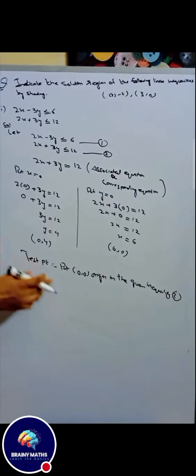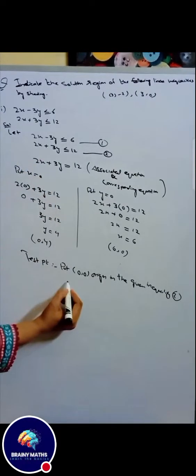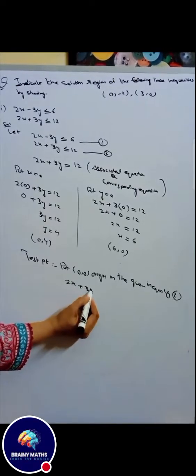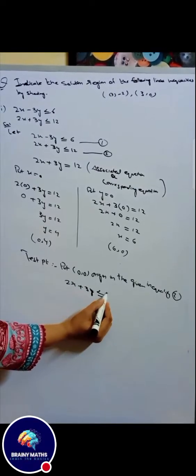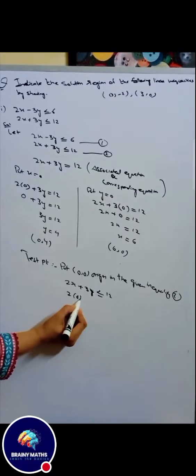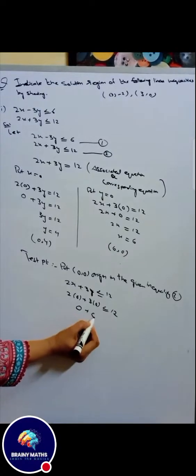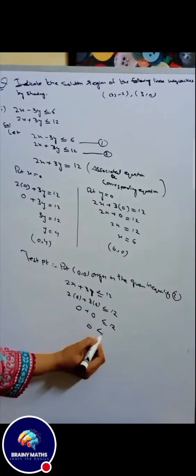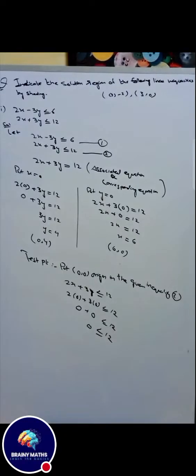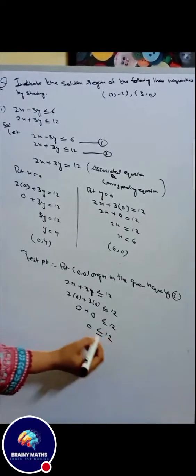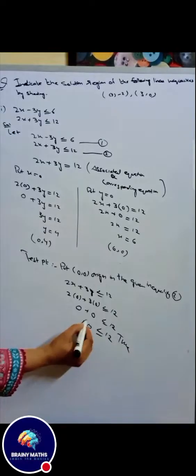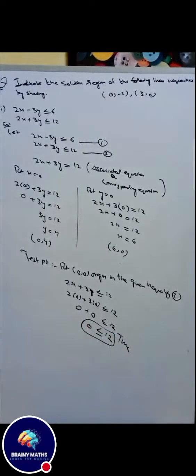Now, what is the inequality? 2x plus 3y less than or equal to 12. 2 times 0 plus 3 times 0 is 0 plus 0 less than or equal to 12. 0 less than or equal to 12. Is this true? Is 0 less than 12? Yes, true. So this is a true statement. Two inequalities solved.